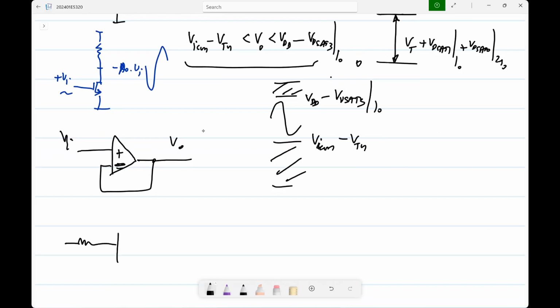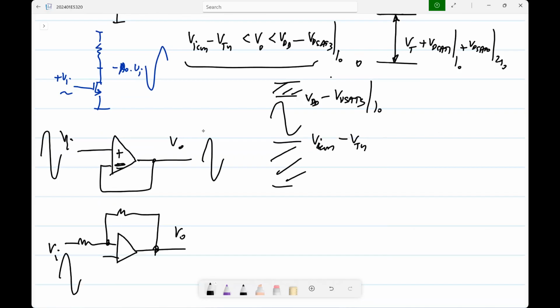If you have this, so if the input is a sinusoid, the common mode is also a sinusoid, and the output is the same sinusoid. Here, if the input is a sinusoid, the output is the opposite sinusoid. What is the common mode voltage? Zero. The common mode doesn't change here.